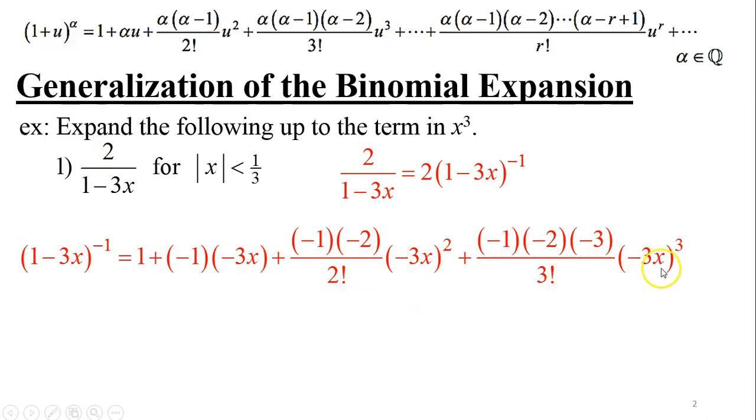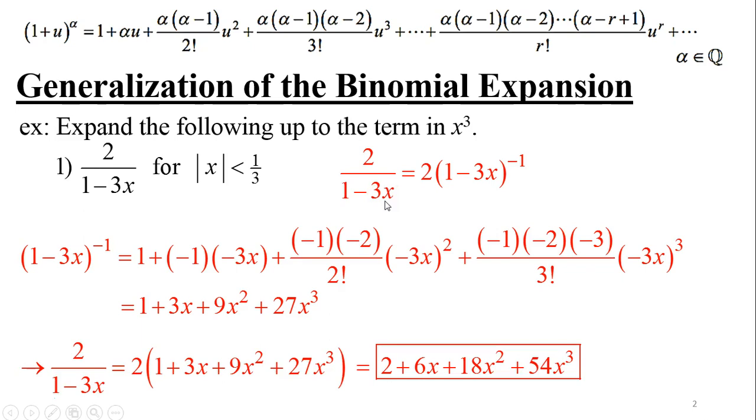Similarly for negative 3x cubed multiplied by alpha minus 1, alpha minus 2, so negative 2 times negative 3 over 3 factorial. Now simplifying these coefficients, we'll end up with 1 plus 3x plus 9x squared plus 27x cubed, which, to go back to the expression given, we'd have to multiply by 2, which leaves me with 2 plus 6x plus 18x squared plus 54x cubed.